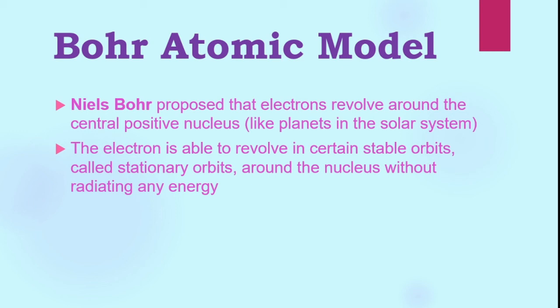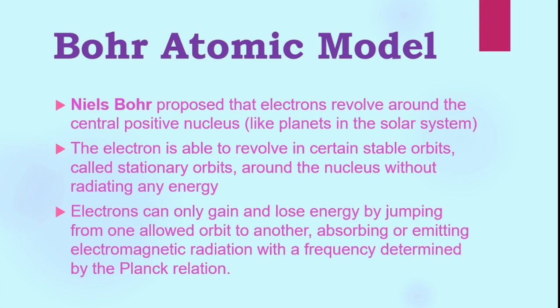We have already observed in the Rutherford model that electrons are radiating energy, and that's why they ultimately collapse into the nucleus. So in this model, this hurdle is overcome. Here it is mentioned that the atoms can only gain and lose energy by jumping from one allowed orbit to another, absorbing or emitting electromagnetic radiation with a frequency determined by Planck's relation.